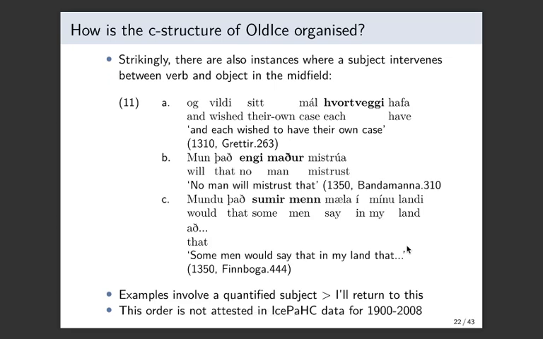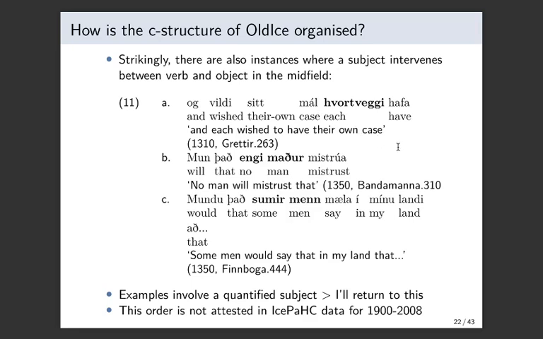Now, strikingly, there's also instances where a subject can intervene between the verb and the object. And this would, of course, be further evidence that there's no VP constituent. And I've given you examples here where the subject is shown in bold.